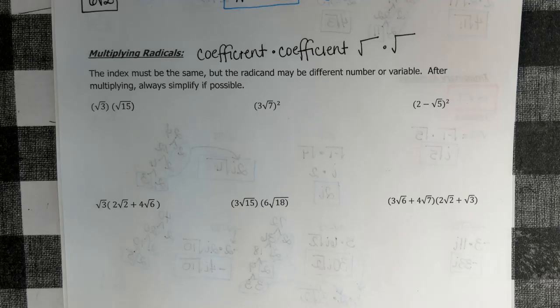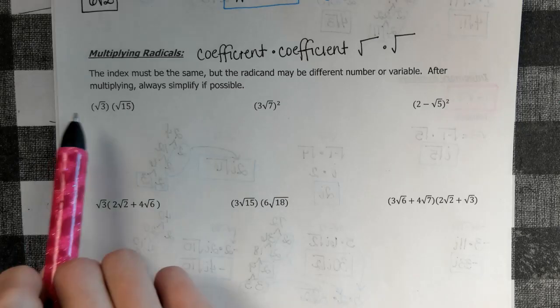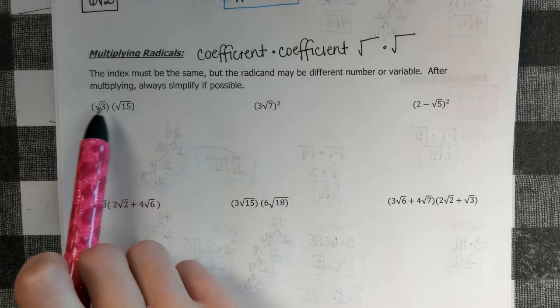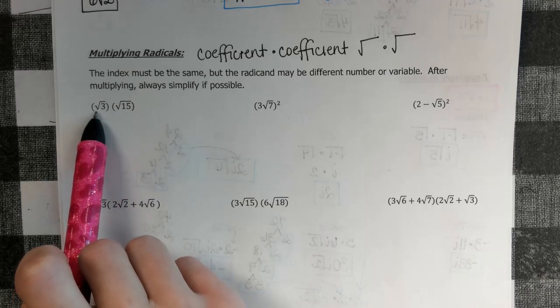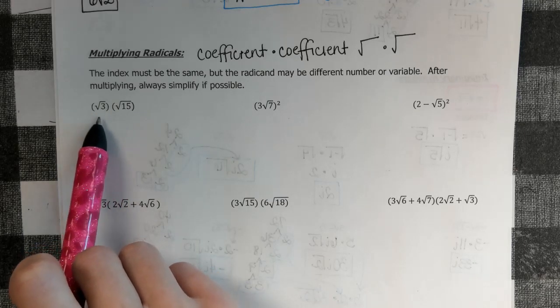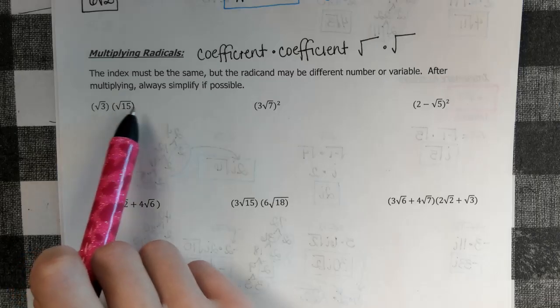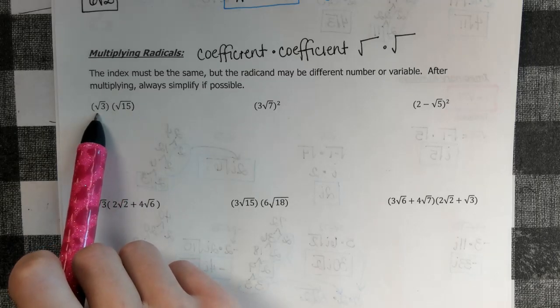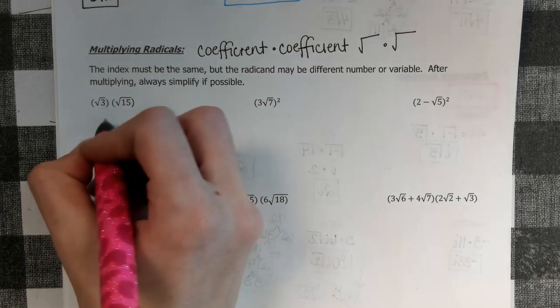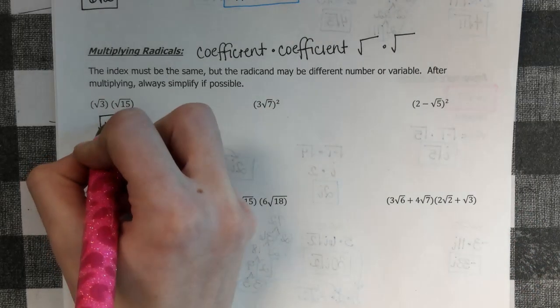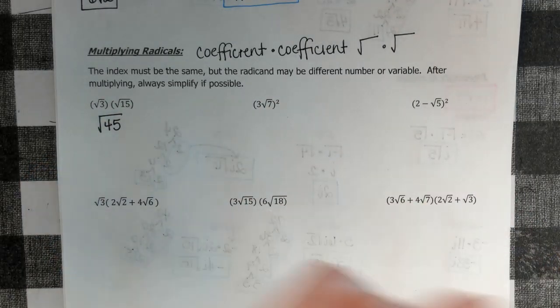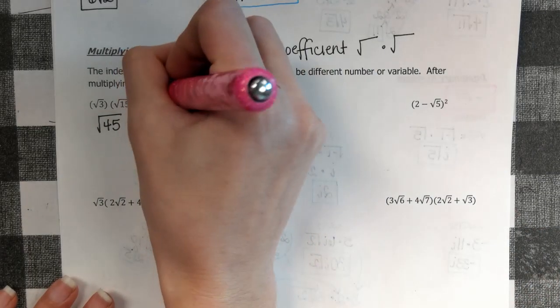You're going to lose credit. Okay, so if I have square root of 3 times square root of 15, neither one of those I can simplify. Okay, so I don't have coefficients to multiply, so I'm just going to multiply what's underneath the radical. So square root of 3 times square root of 15 is going to leave me with square root of, what's 3 times 15? 45. Then I simplify 45.